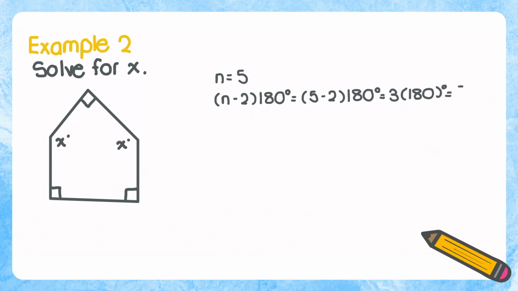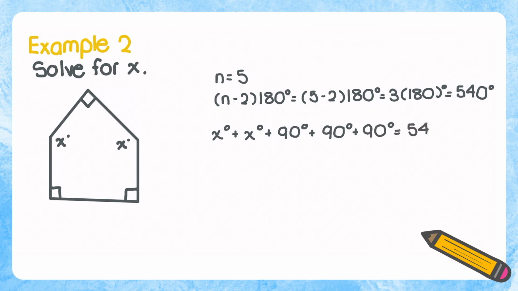So we find that the sum of interior angles of this polygon is 540 degrees. That means that x degrees plus x degrees plus the 3 right angles, so 90 degrees plus 90 degrees plus 90 degrees equals 540 degrees.